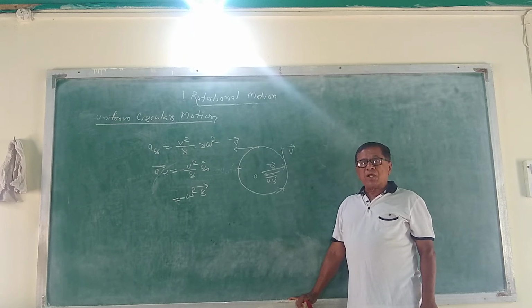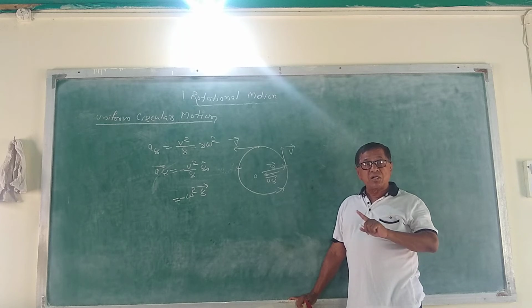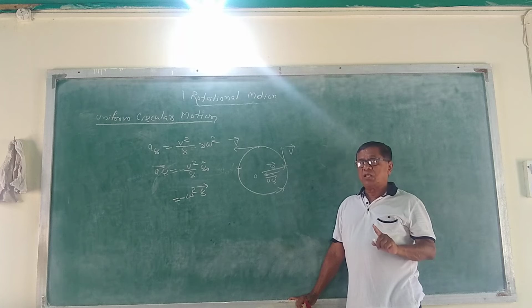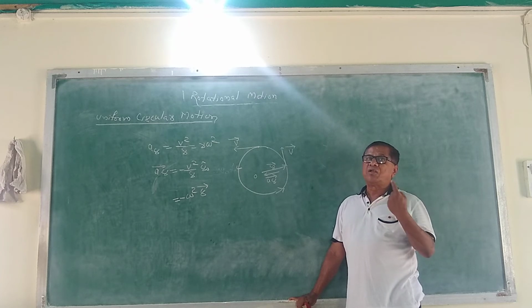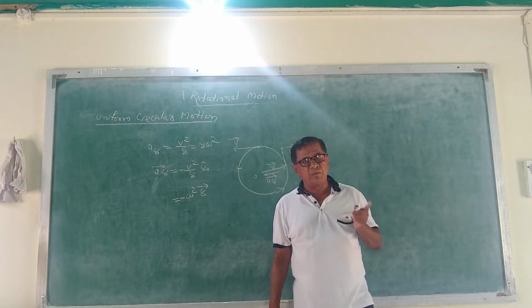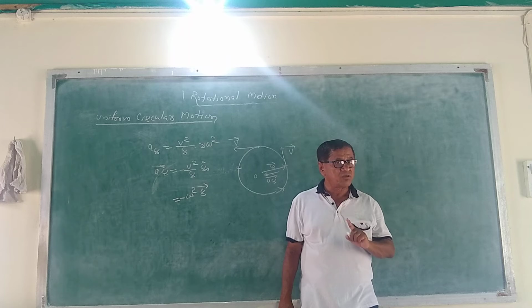Remember that without acceleration, circular motion will not take place. For every circular motion, there is a need of centripetal acceleration, that is, centripetal force. Centripetal force means mass into acceleration. Without centripetal force or centripetal acceleration, circular motion is not possible.